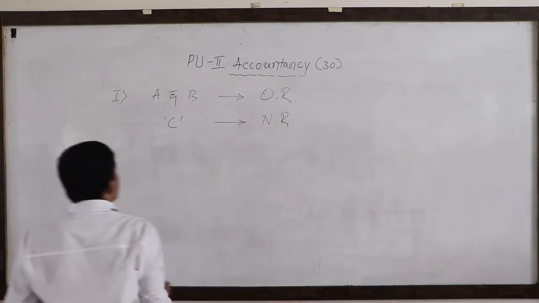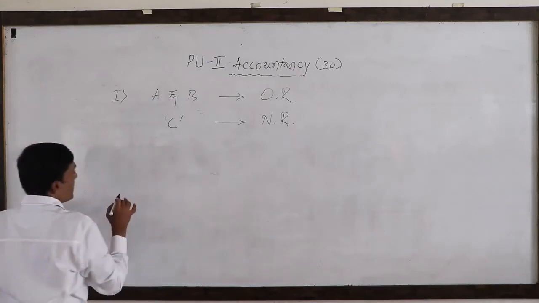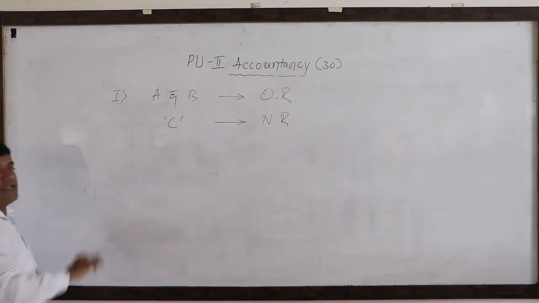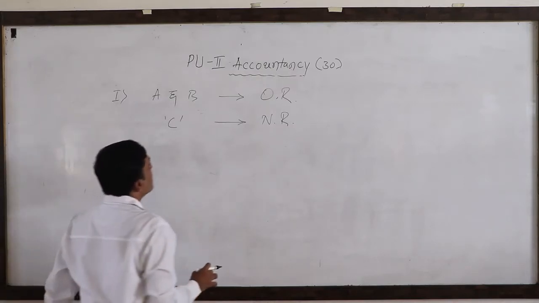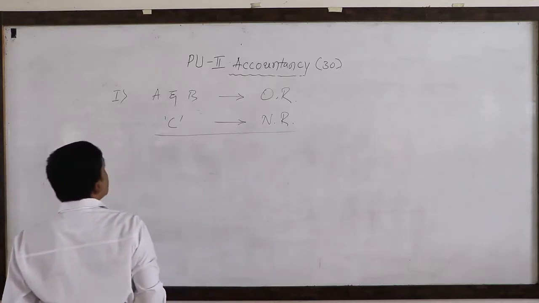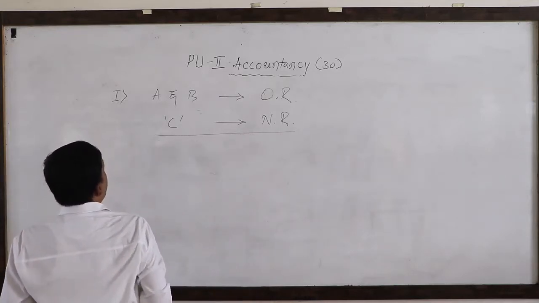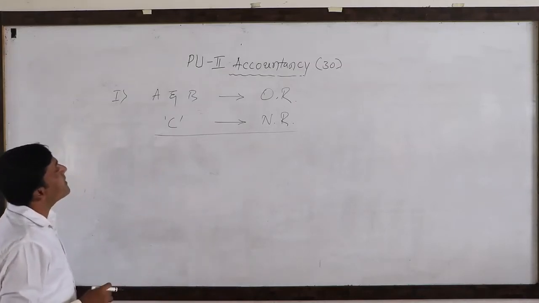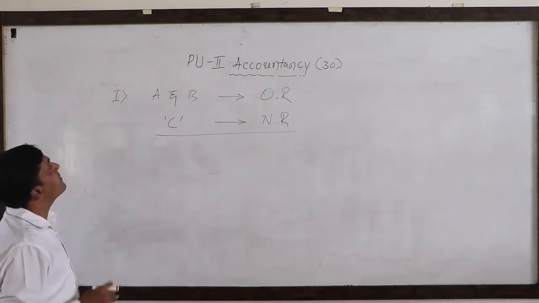They will ask us to ascertain the new ratio of all the partners after admitting C. So this is a very important circumstance. In this problem, the examiner asks you to ascertain the new ratio by giving this information.